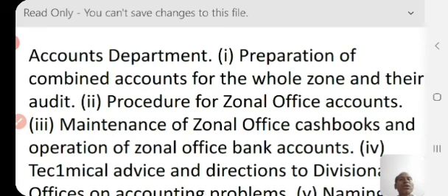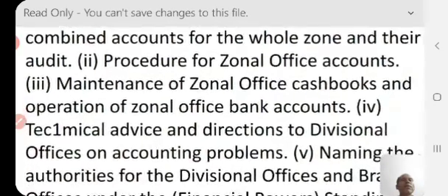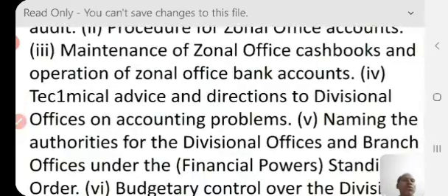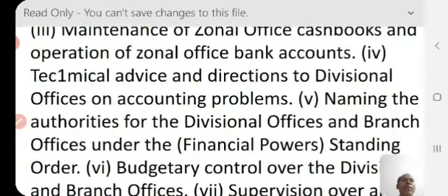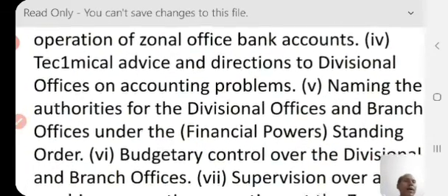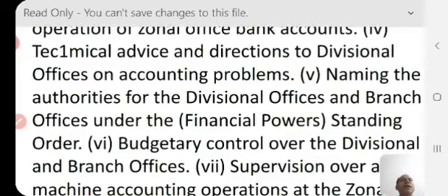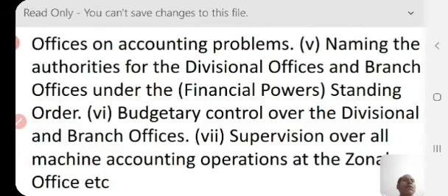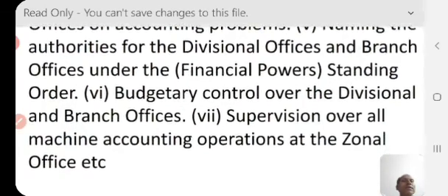The preparation of combined accounts for the whole zone. So zonal wise accounts should be maintained for the audit. Procedure for zonal office accounts. Maintenance of zonal office cash books and operation of zonal office bank accounts. Technical advice and directions to divisional offices on accounting problems.